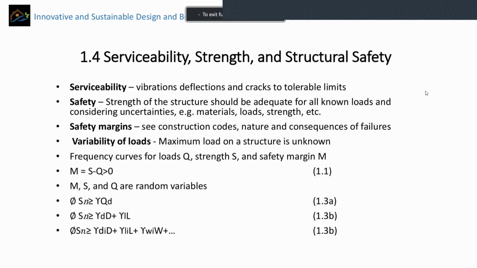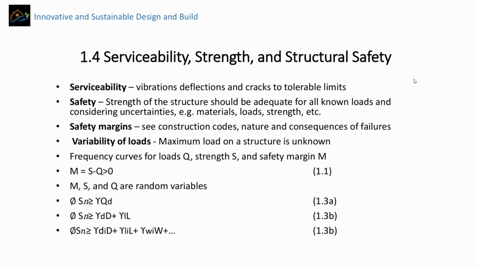When we consider safety and serviceability, we need to consider not only the calculated or estimated loads, but also the uncertainties. So uncertainties are also important when we design concrete structures, and construction codes determine various safety margins.